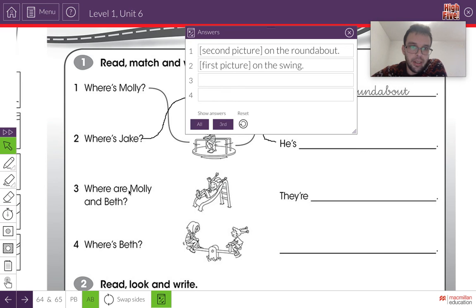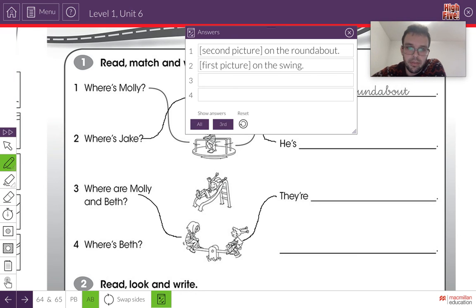Where are Molly and Beth? Where are Molly and Beth? Okay, so there's 2 of them. Let's make our line. So Molly and Beth are here. And because there's 2 of them, we say they. They are. Okay, so we make the line here.